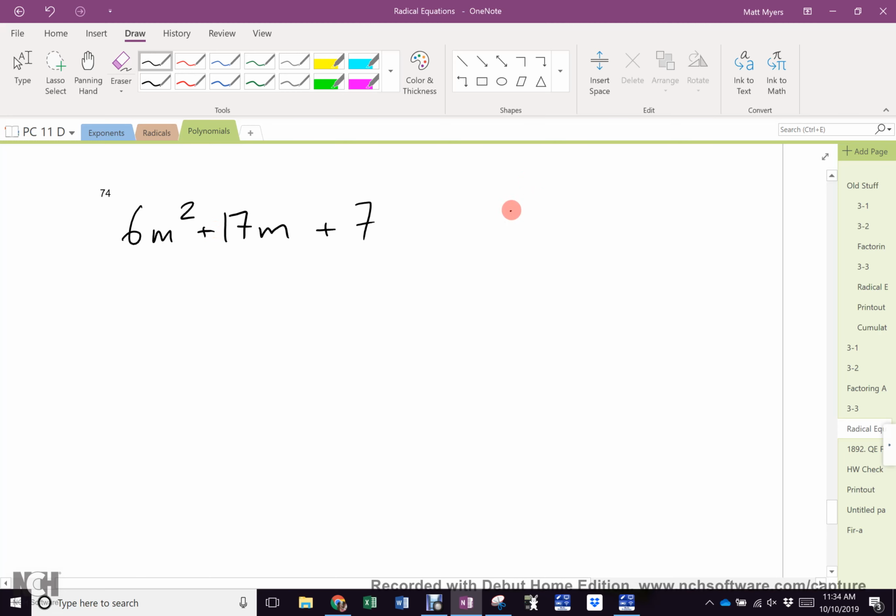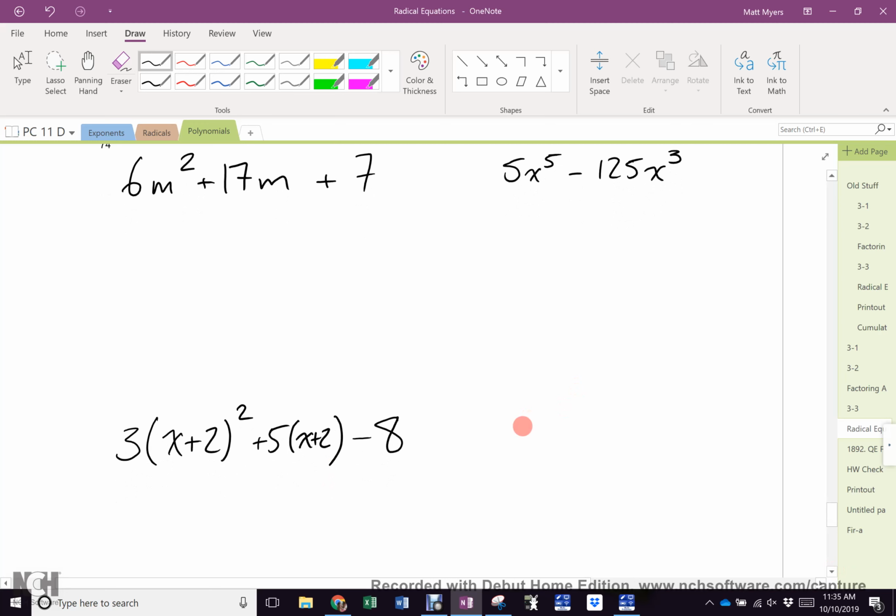Then let's go with 5x to the fifth minus 125x to the 3. And then let's go with 3 times x plus 2 squared minus 8 plus 5 times x plus 2.